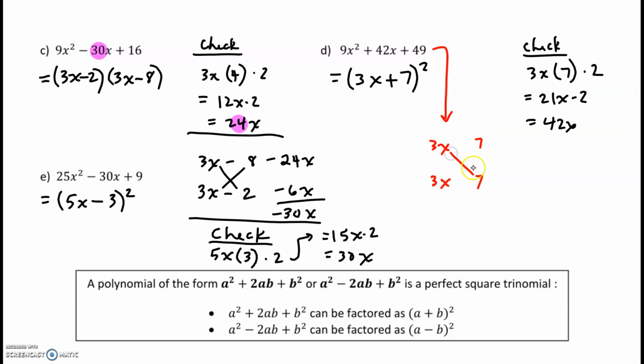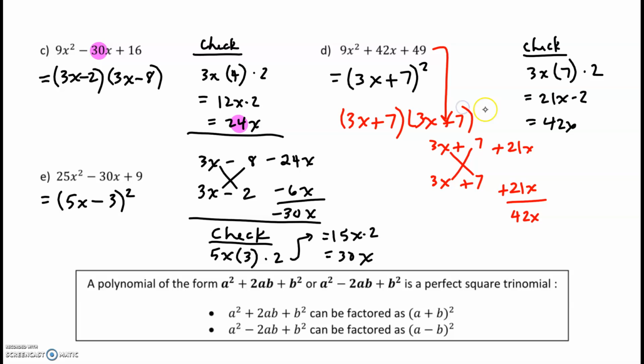And then we multiply. 3x times 7 is 21x. 3x times 7 is 21x, and we can see it adds to 42x, which we want to be positive, so both of these are positive. So look what happened. We have the exact same factors in our bracket by chart method, and then we can take that and write it the way we have here. So if you don't recognize a perfect square trinomial, you can always solve it using chart method and still get the same answer. So that's kind of nice to know.